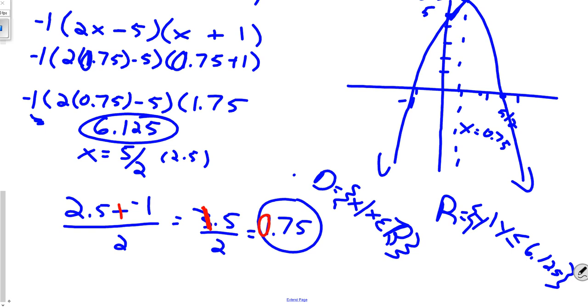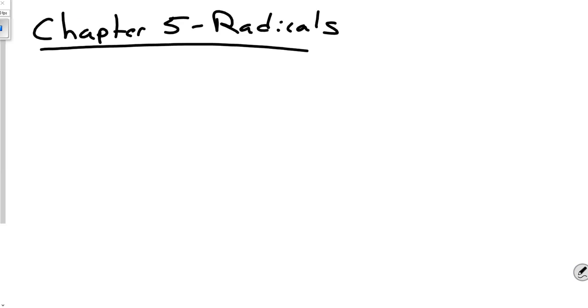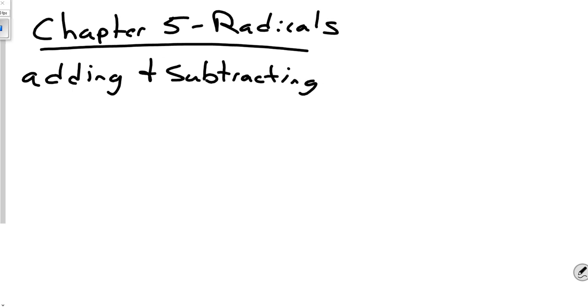Awesome. Okay, so radicals. First thing we did is adding and subtracting radicals. So remember, when you're adding and subtracting radicals, the number under the radical sign has to be the same.